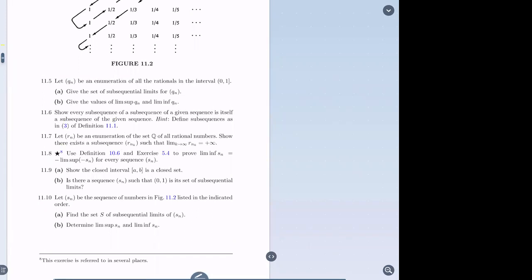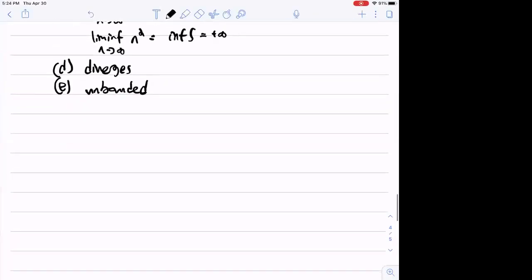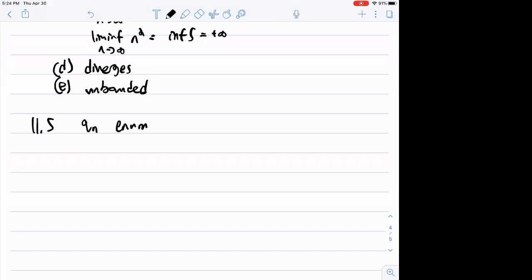Yeah. Okay. So let me go over what enumeration of rationals is. So Qn, enumeration of rationals on 0, 1. Right?